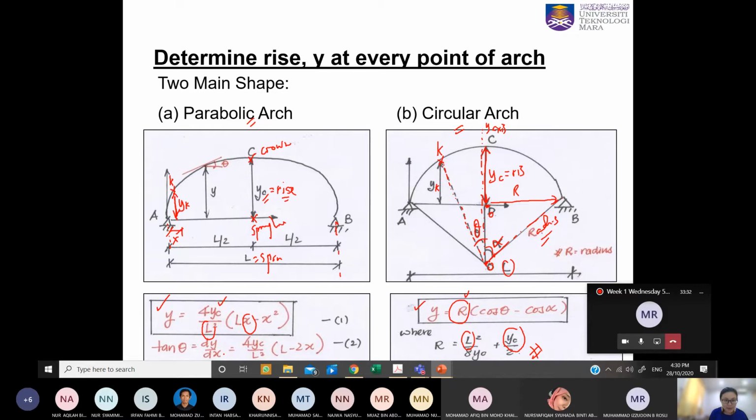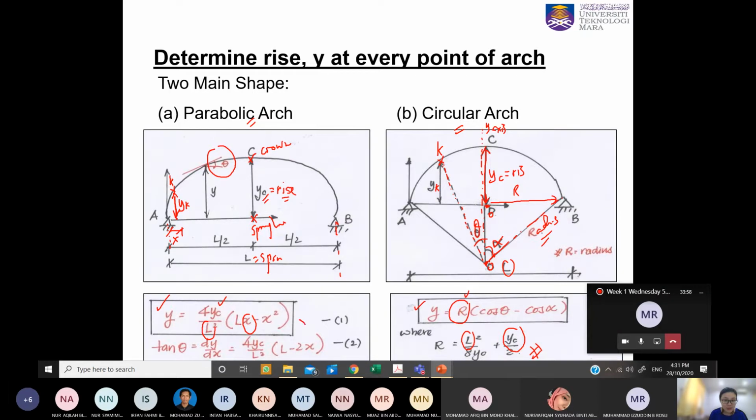What else? Another equation here. If you want to get the angle theta for this one, you can use this equation: tangent theta is equal to dy over dx, which is also equal to 4yc over L squared, times L minus 2x, where you actually differentiate the y.